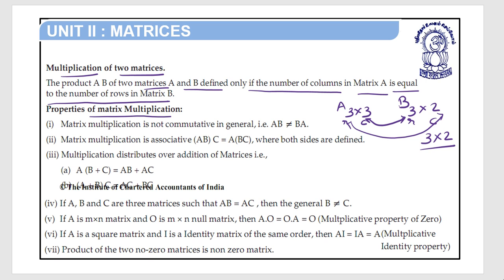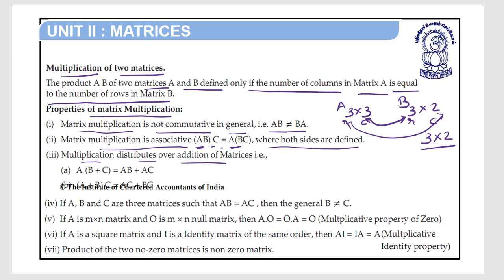Properties of matrix multiplication. First, matrix multiplication is not commutative in general. A into B is not equal to B into A. Matrix multiplication is associative. Bracket AB into C is equal to A into bracket BC, where both sides are defined.